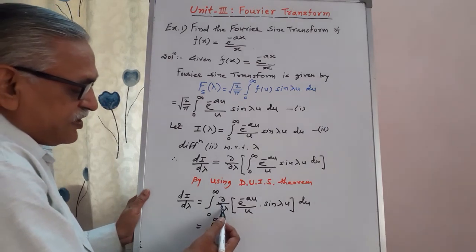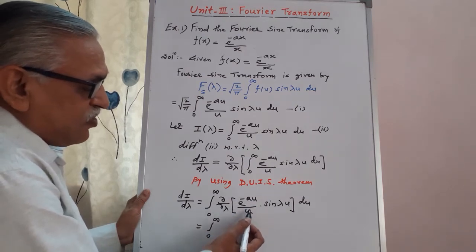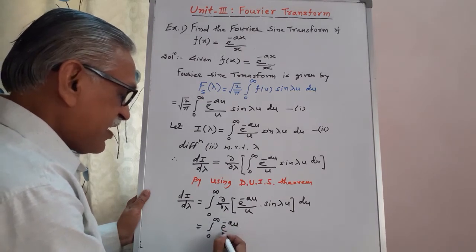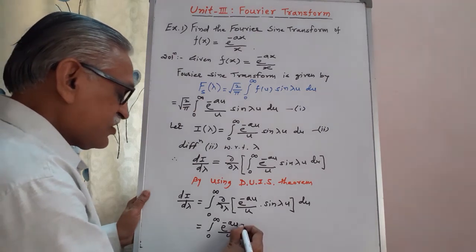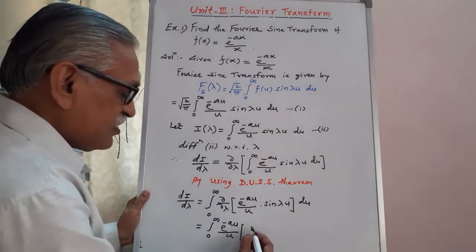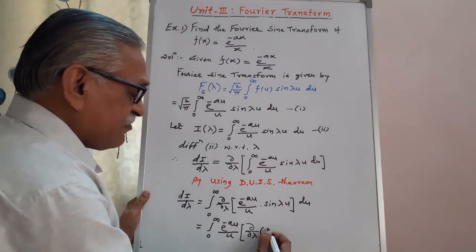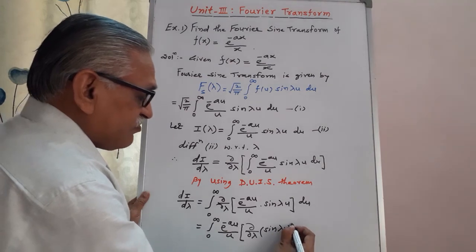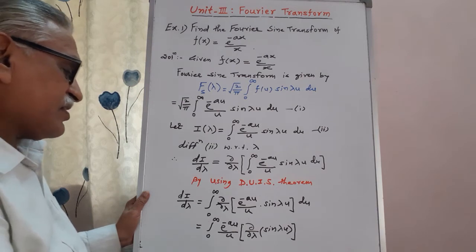When we are differentiating with respect to lambda, the second variable u is constant, therefore e raised to minus au divided by u is a constant term, we can take it outside, and then the remaining terms we have to differentiate with respect to lambda, therefore dou by dou lambda of sine lambda u.